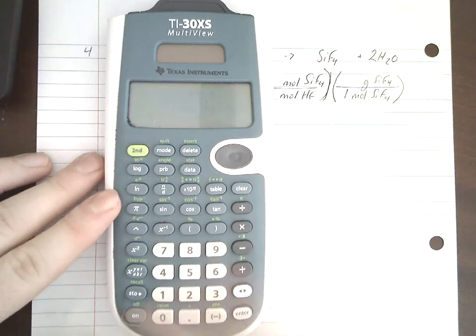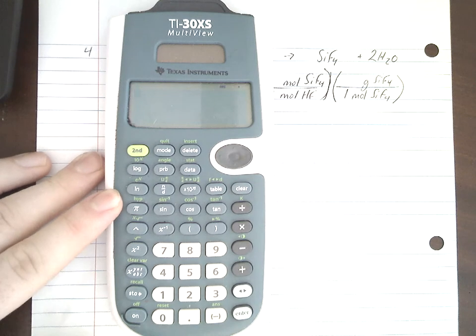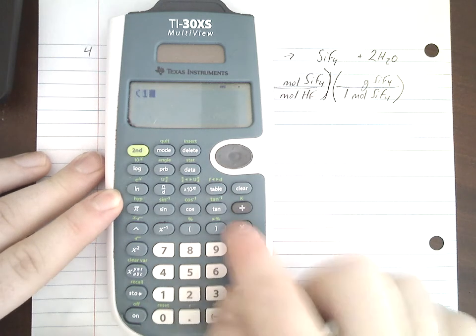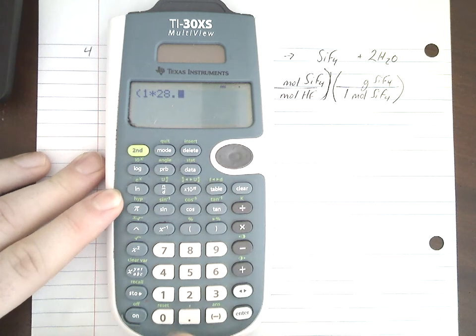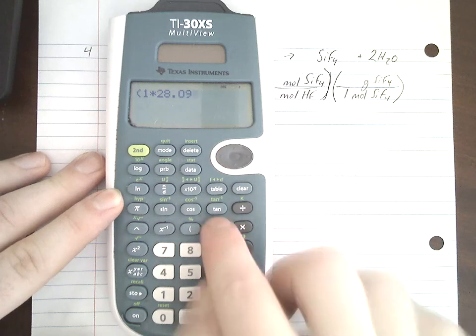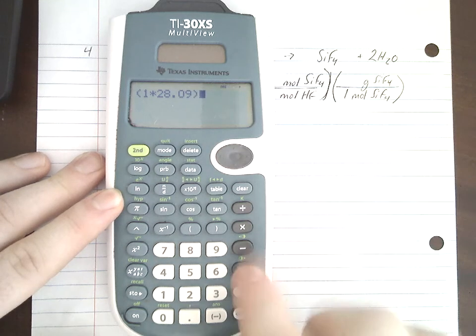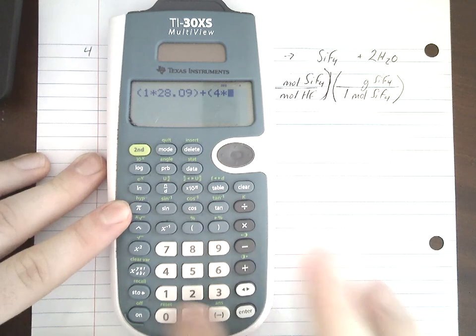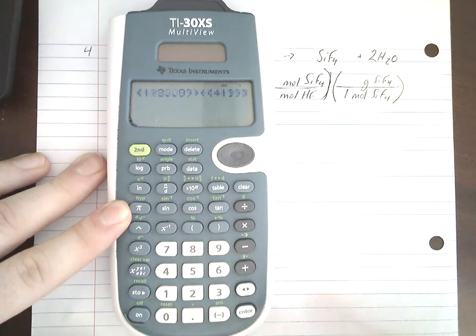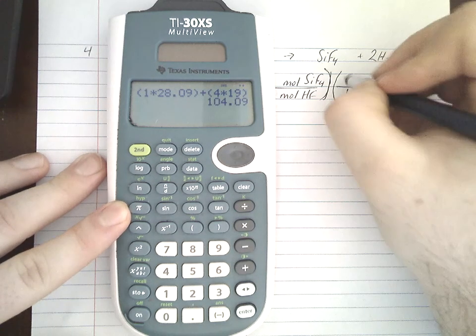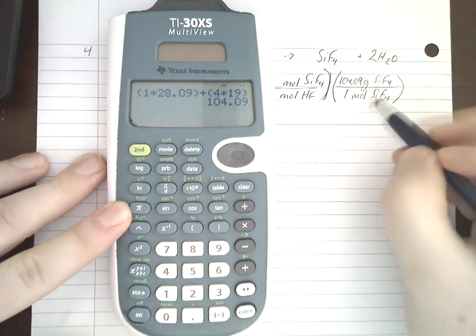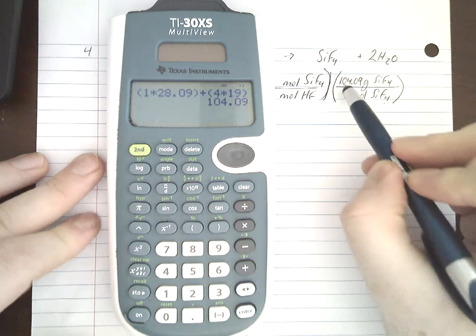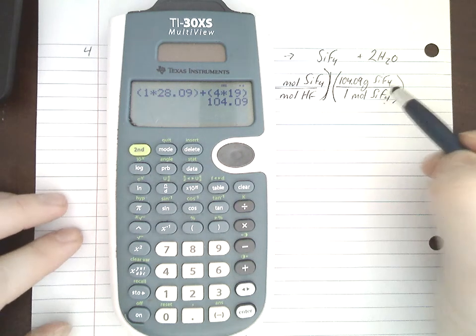In this compound, we have 1 atom of silicon, which we can do 1 times 28.09. We have 4 atoms of fluorine, so we need to multiply its molar mass times 4. Its molar mass is 19. So that tells us that in 1 mole of this compound, we would have 104.09 grams.